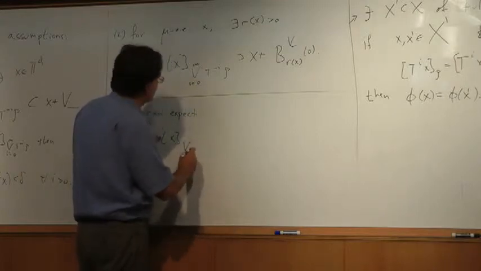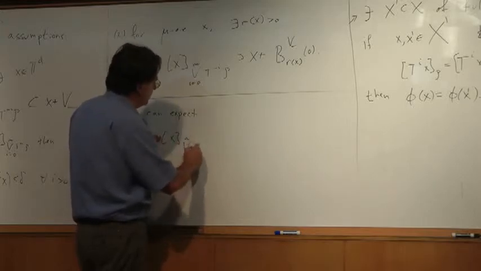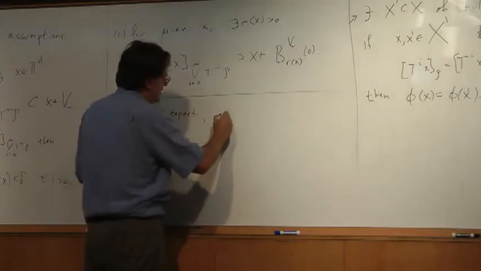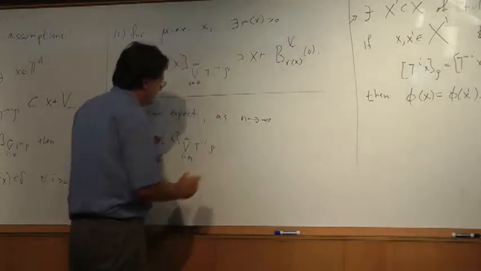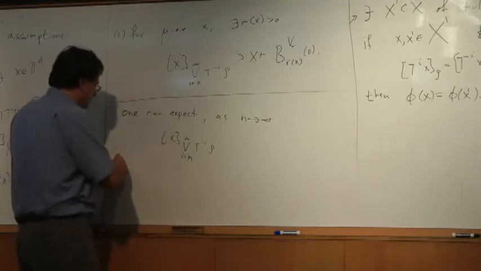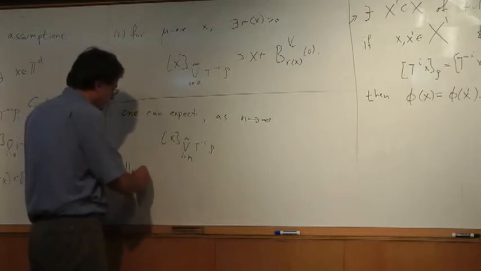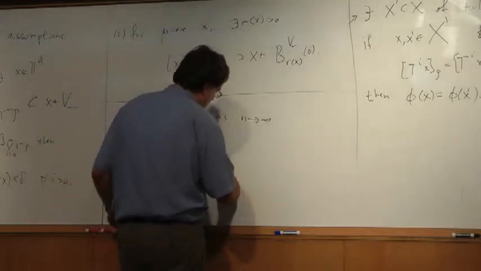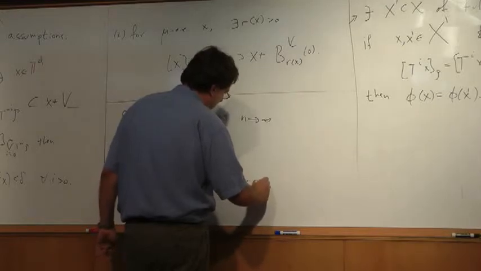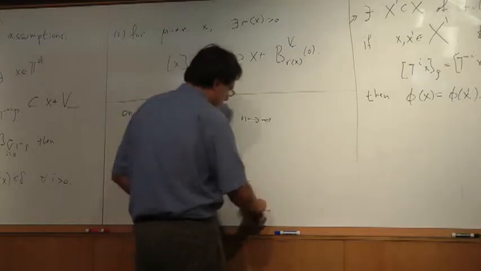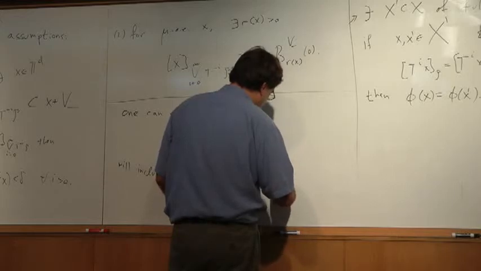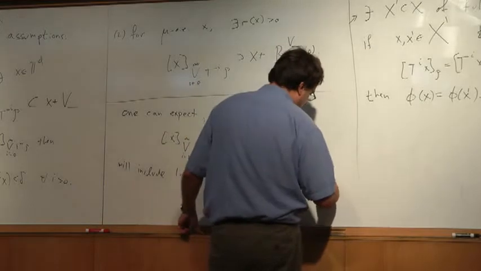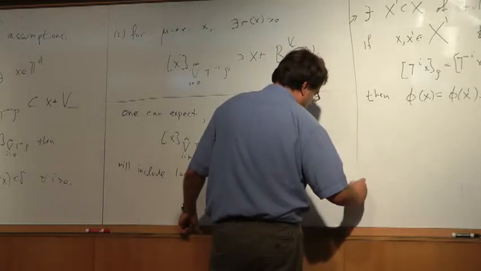So it's reasonable to expect that as n goes to infinity, this will include larger and larger neighborhoods of x in x plus V minus.